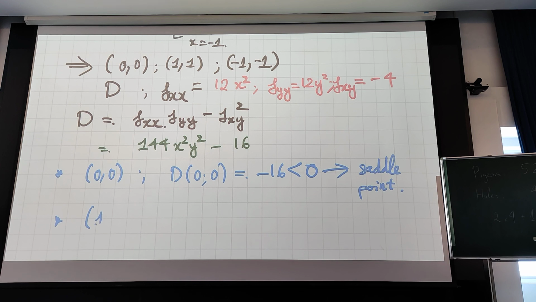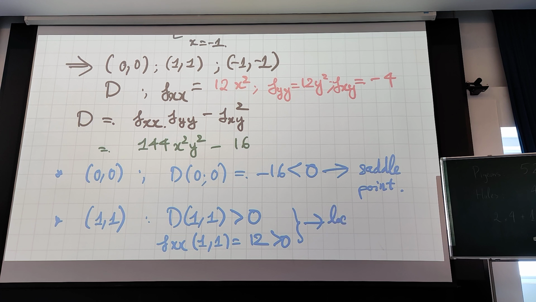Okay, now the point (1, 1). The discriminant is positive, it's clear. We need to check fxx at (1, 1), and we have the value 12. So in this case, we have a local minimum. Right.